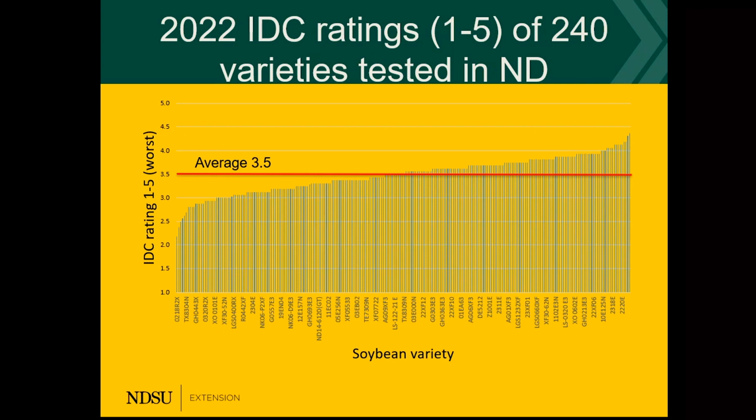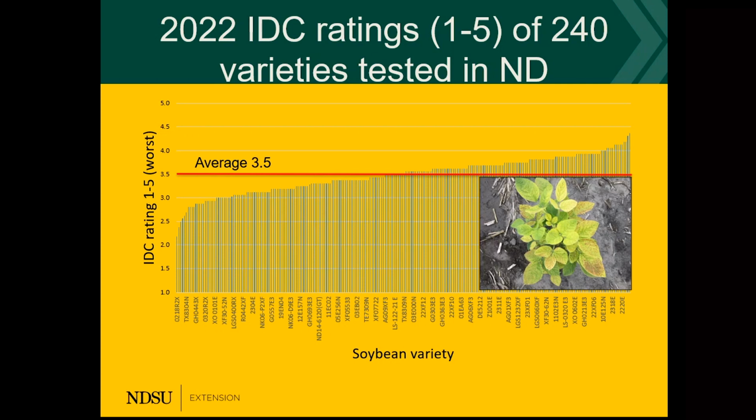That would indicate, here's a picture, that your plants would have been pretty yellow if you had an average variety. So if you have an issue with iron chlorosis, you ought to select in the left part of the graph where the IDC scores are lower, which means more tolerance to IDC. If you have IDC, this is one of the factors that you really should look at.